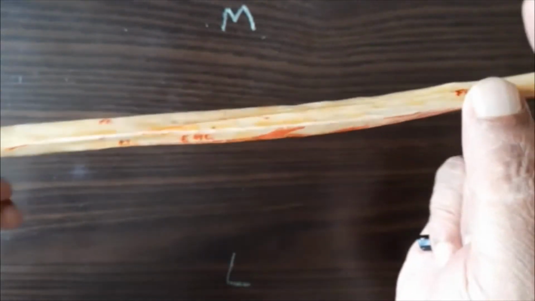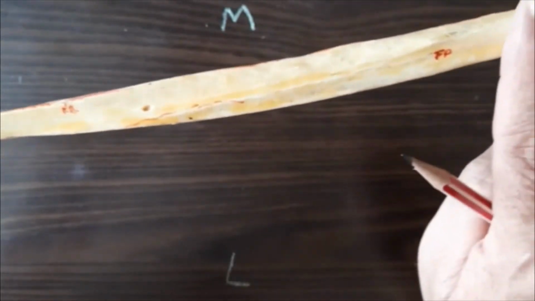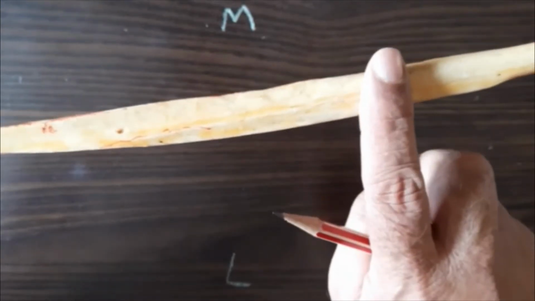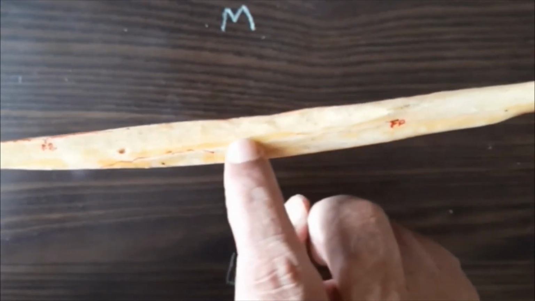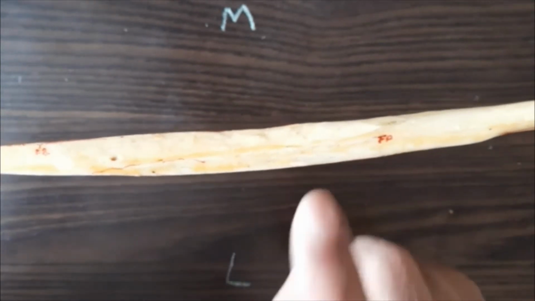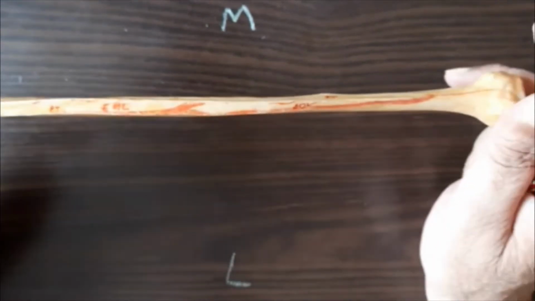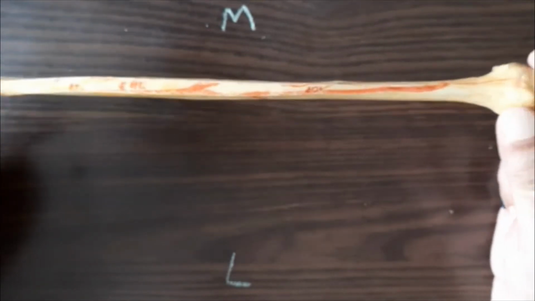Then between the interosseous border and the posterior border, this whole surface is called the posterior surface. In the middle of that you can see a ridge, called the medial crest, which divides it into an anterior part and a posterior part. So this is just the brief.